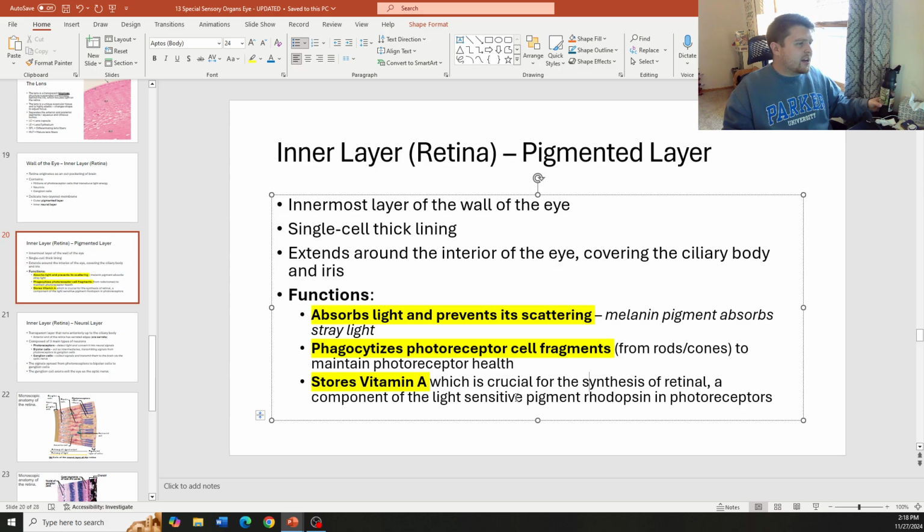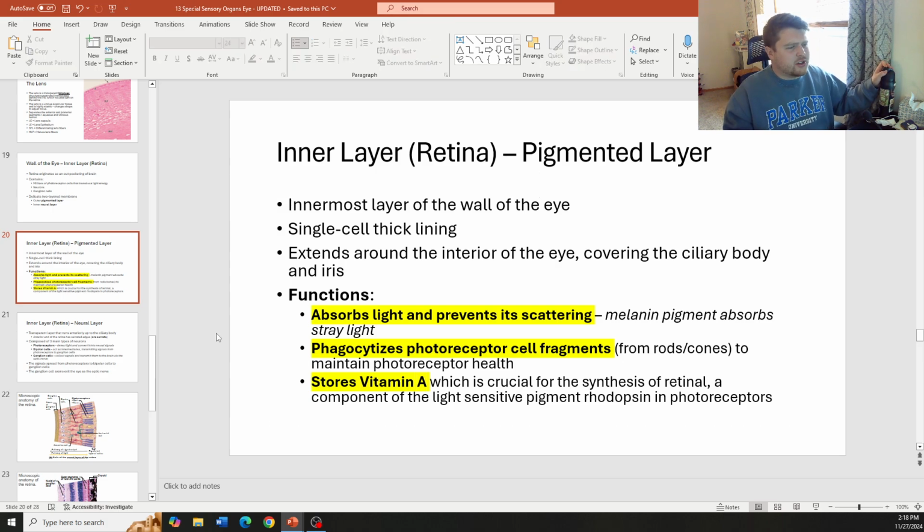This will come back when you start talking more about neuroanatomy and neurological function of the eyes. For now, things that I want you to remember: it stores the vitamin A. Vitamin A is needed for retinal. I say it like that, retinal, because there's also another one called retinol with an OL.